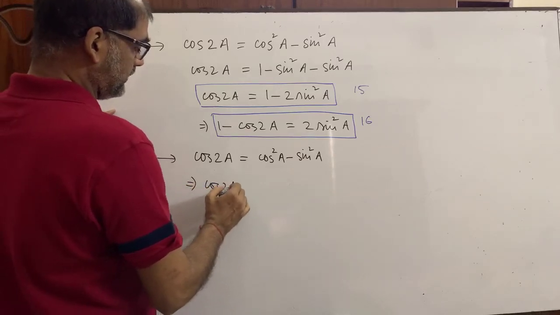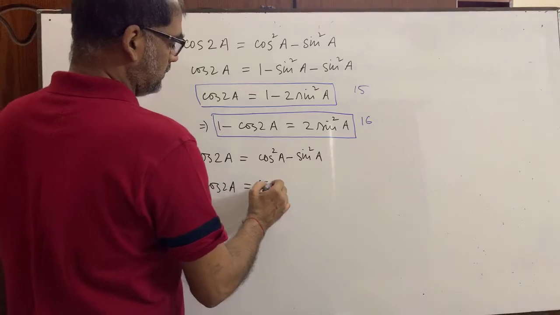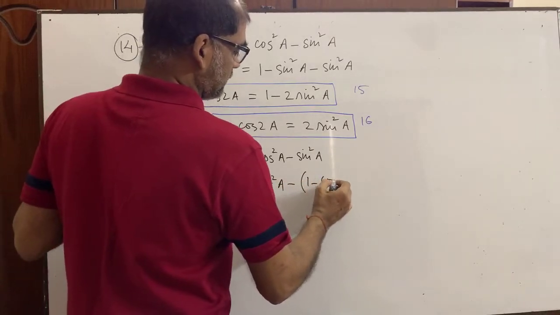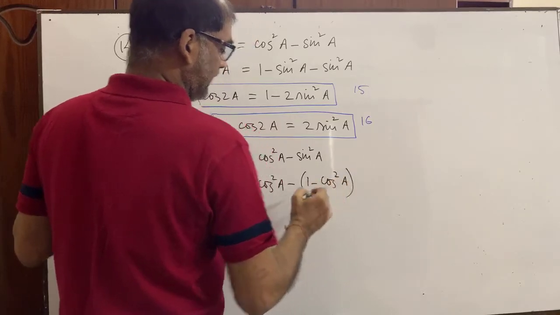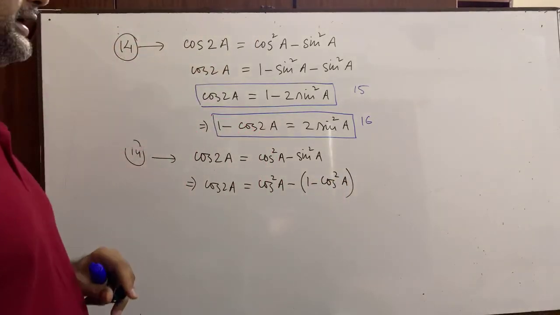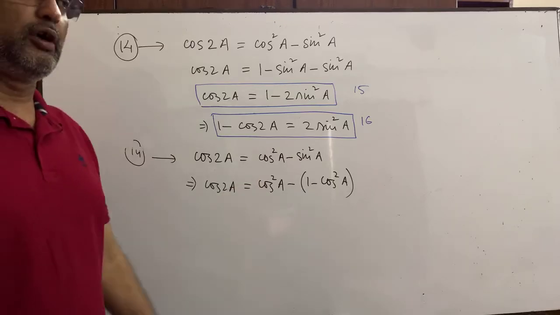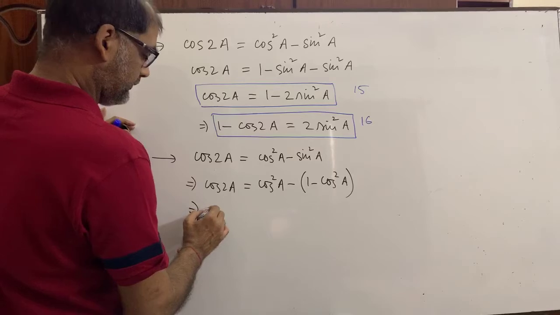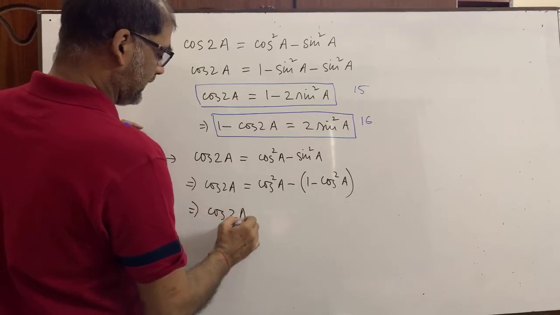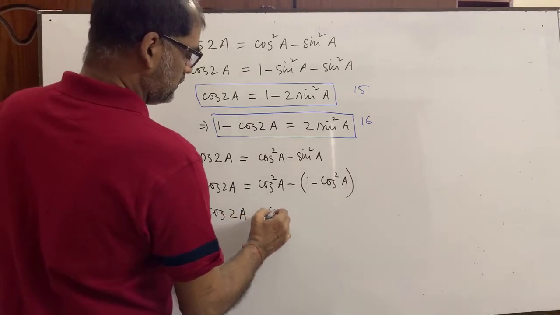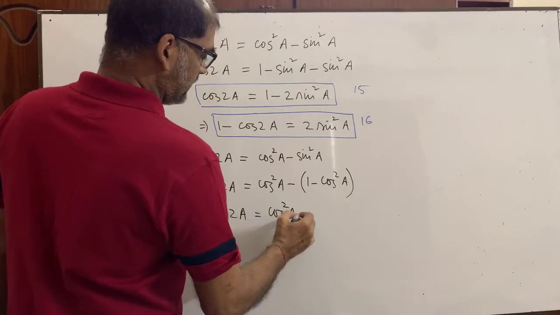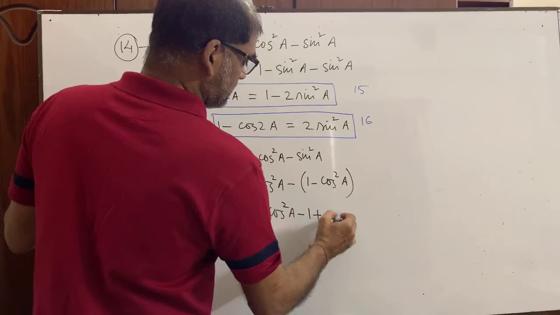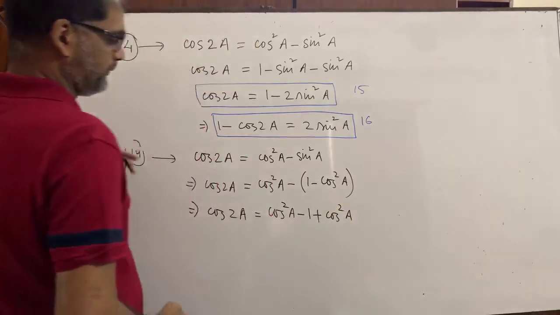Cosine 2a is equal to cos square a minus 1 minus cos square a. Sin square has been written as 1 minus cos square a. That is, cosine 2a is equal to cos square a minus 1 plus cos square a.